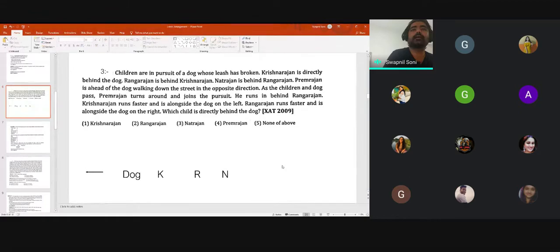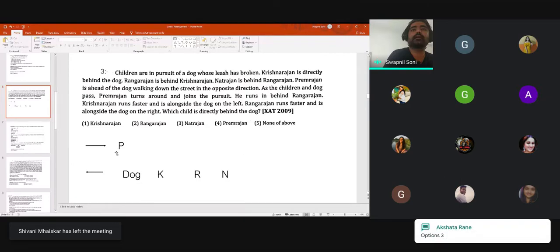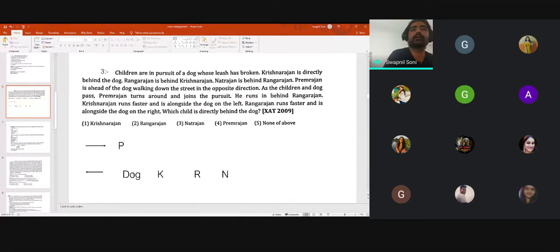Premarajan is ahead of the dog, walking down the street in the opposite direction. So this guy, Premarajan, is walking in the opposite direction. As the children and dog pass, Premarajan turns around and joins the pursuit. As they are passing, this guy sees the dog and even he wants to help, so he turns around and follows them. He runs behind Rangarajan.